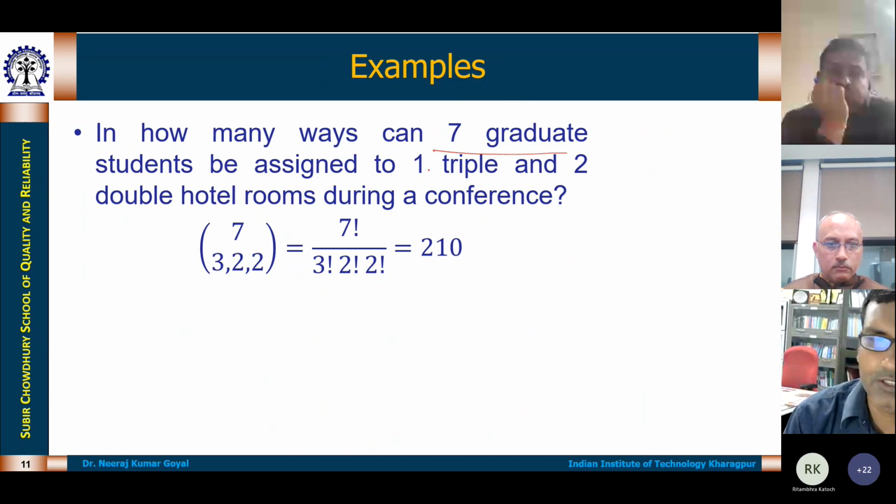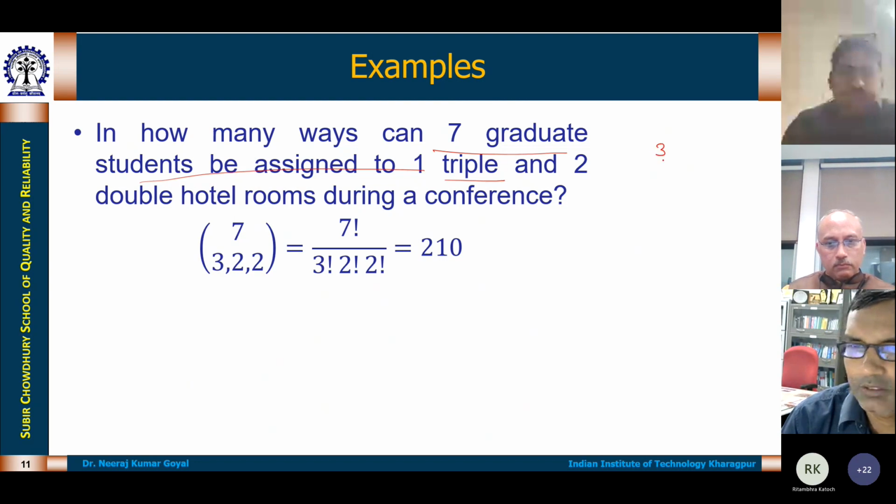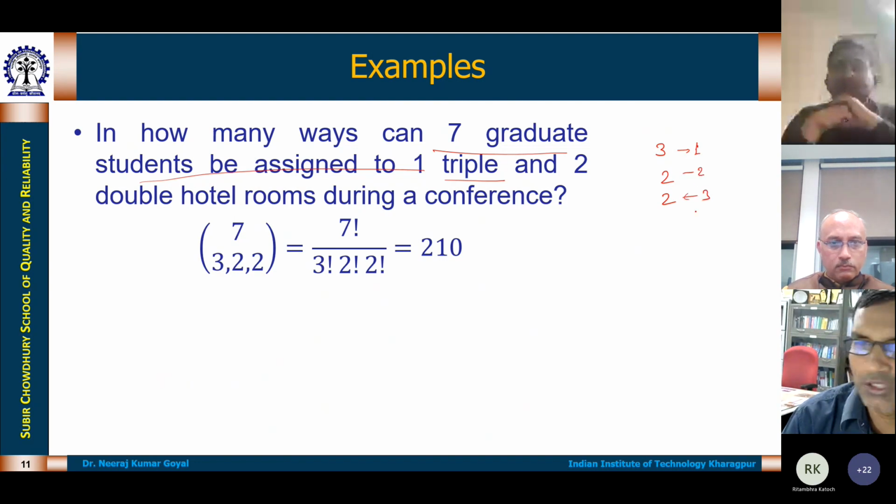So how many ways can we assign 7 graduate students to one triple and two double hotel rooms during a conference? So we have a group of 3, and two rooms of 2 each, right? Room number 1 has 2, room number 2 has 2, and room number 3 has 3. We have to divide the 7 students.